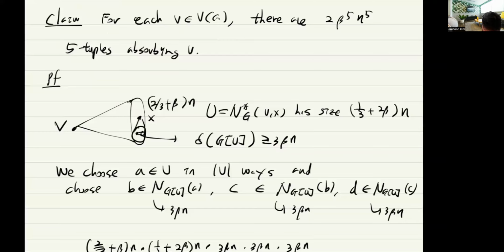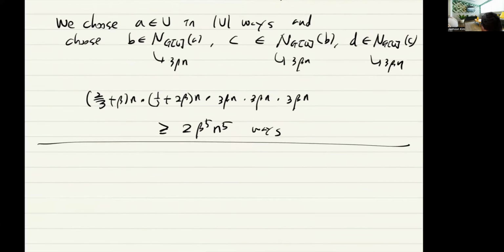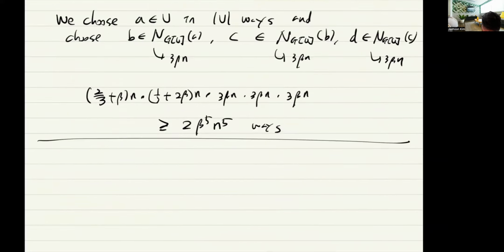So there are many 5-tuples, some quantitative n^5 many choices. So this proves the claim.